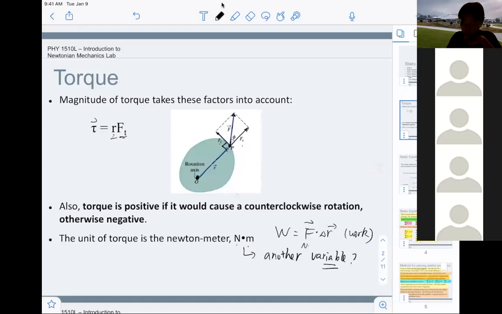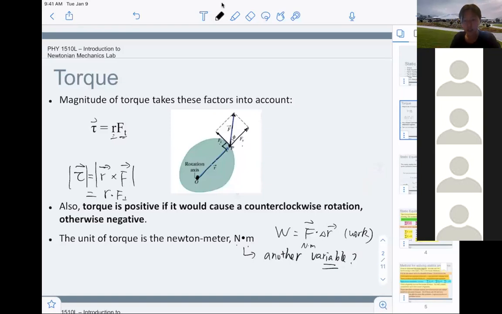It's the same unit. Torque is actually defined to be R cross F. So when you do the calculation, if you're looking at the absolute value, that is equivalent to using the lever arm times the perpendicular component of the force.